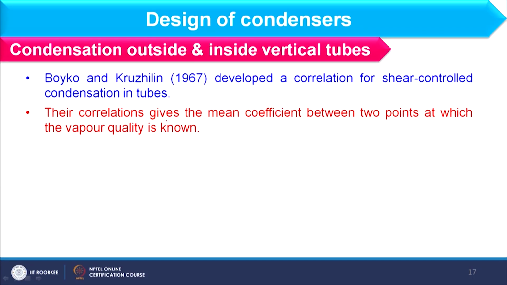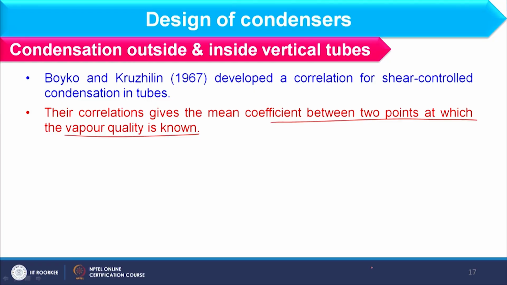Their correlation depends on the 2 points at which vapor quality is known. 2 points means where vapor is entering and where condensate is exiting, right.